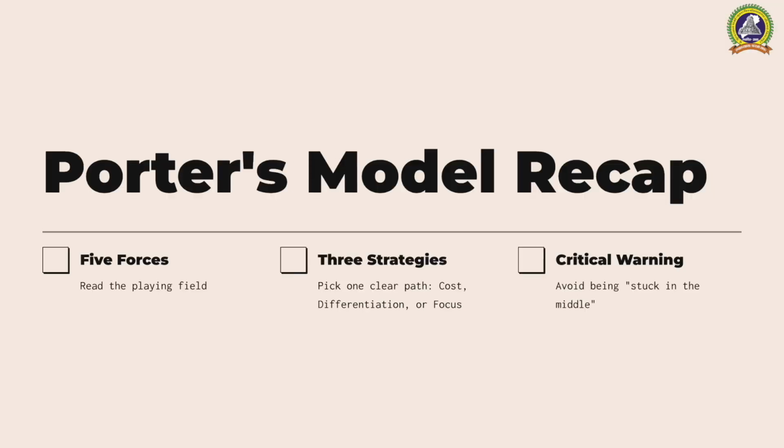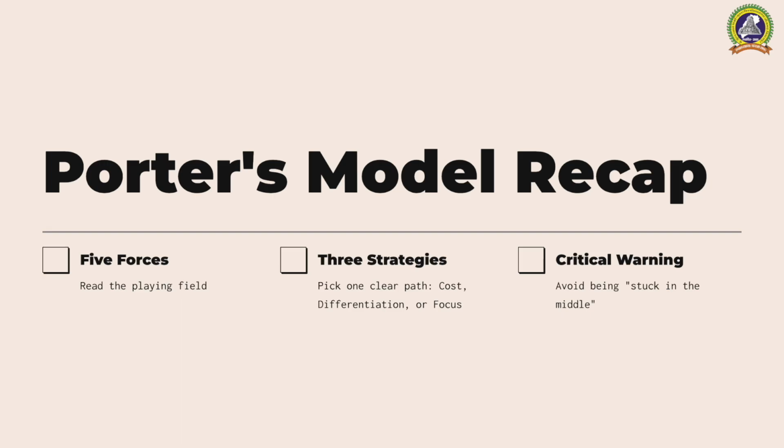To quickly summarize this important model, Porter provides us with a two-part toolkit for competitive strategy. First, the five force model, which includes suppliers, buyers, new entrants, substitutes, and rivalry, is the framework we use to analyze the competitive structure and attractiveness of an industry.